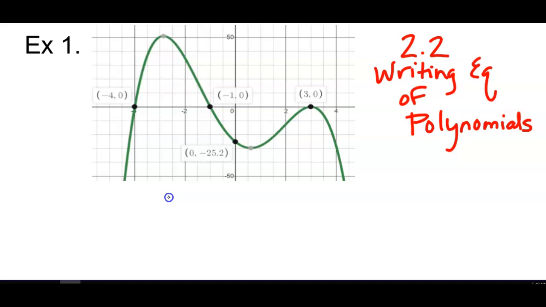So we know some things about this polynomial. It has 1, 2, 3 turning points, and 1, 2, 3 zeros, but this one is doing a bounce, meaning it's tangent to, it did not cross the x here.